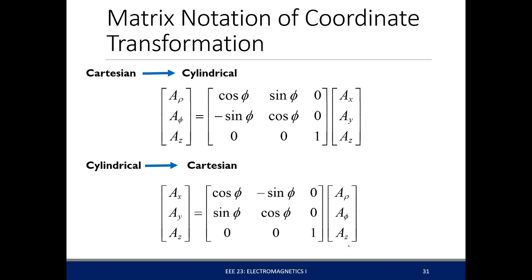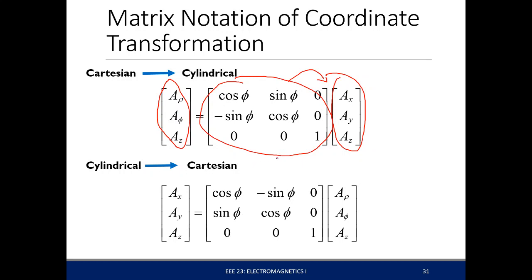So in matrix form, this is your conversion between your Cartesian to cylindrical. These are your cylindrical components. These are your Cartesian components. If you multiply this matrix to your Cartesian components, you'll get cylindrical components, and vice versa.